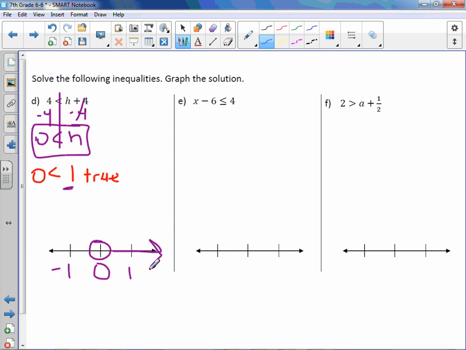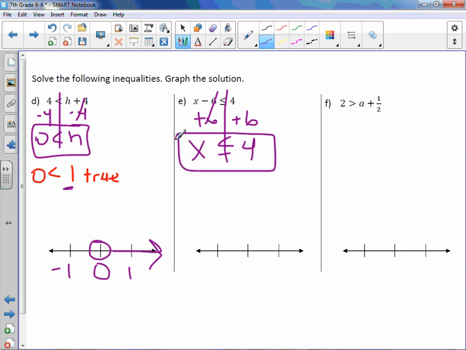Let's do another one. Letter E. We're going to add 6 to both sides. We get x is less than or equal to 4. That's our solution. 4 will go in the middle, which means 5 over here and 3 over here.